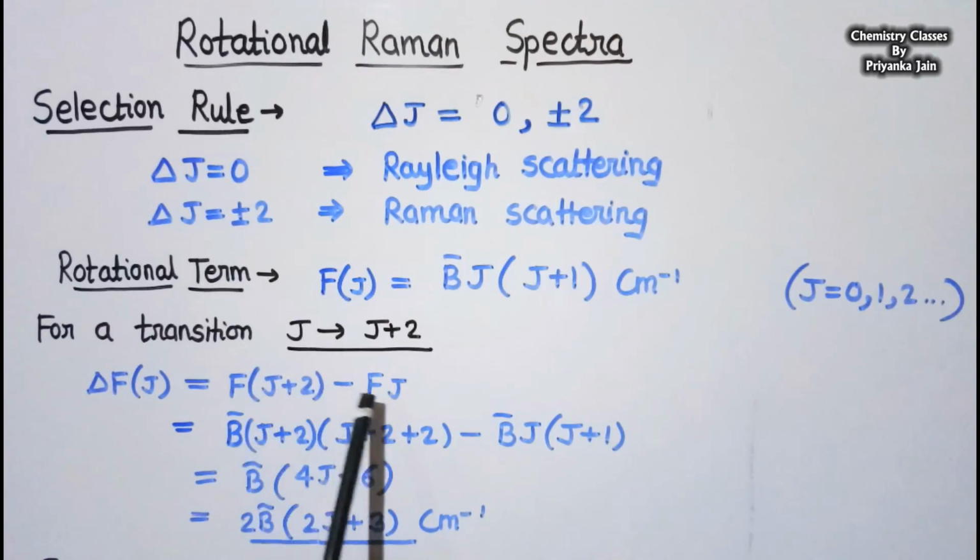It means we will subtract and put its value. So B bar (J plus 2)(J plus 3) minus B bar J(J plus 1). So we will get the value equal to B bar times (4J plus 6), or we can say 2B bar times (2J plus 3) centimeter minus 1. So this will be the frequency of the transition.